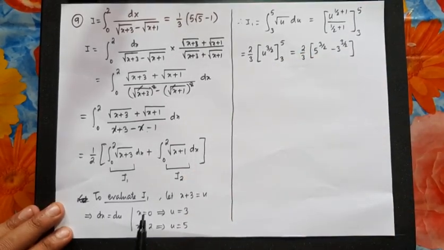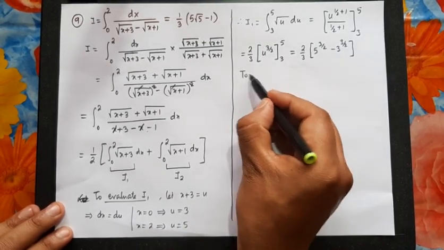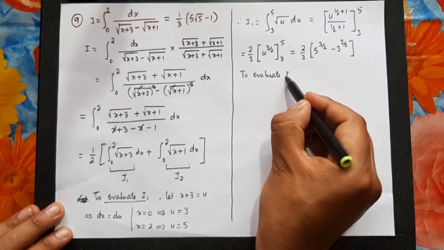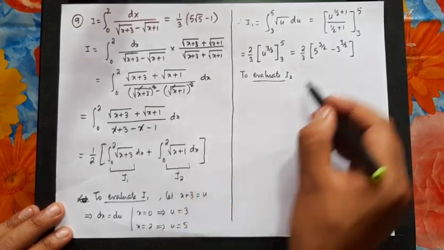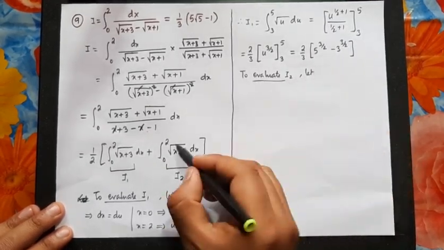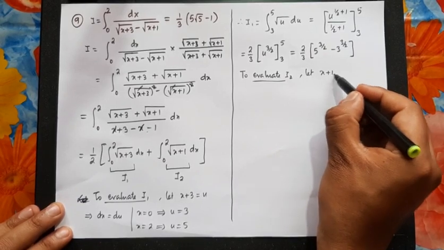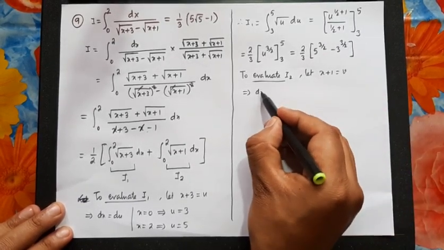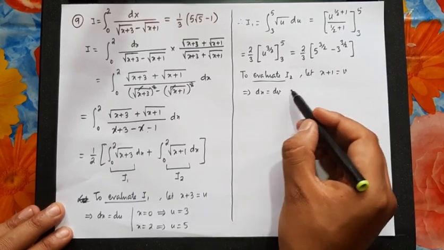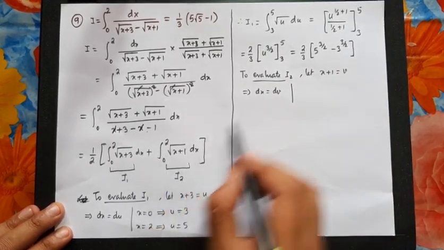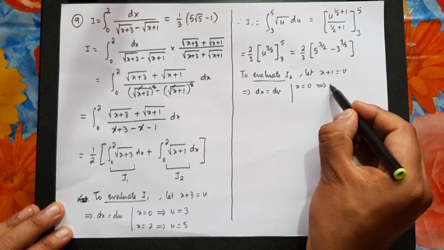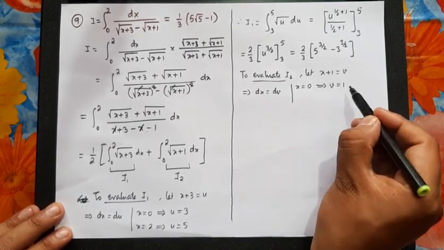Now let us evaluate what is our I2. So to evaluate I2, that is this one, let x plus 1 equal v. Therefore dx will be equal to dv, and again when x is 0, v will be equal to 0 plus 1, that is 1.